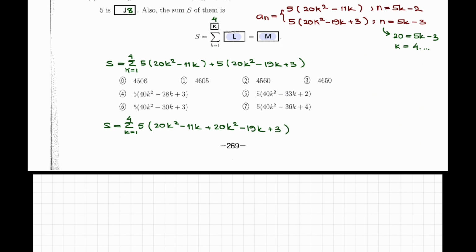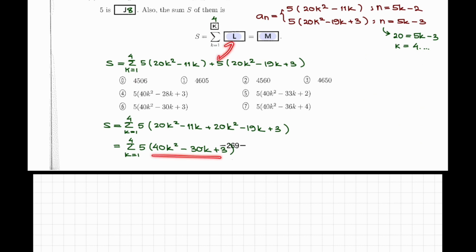So my final answer is the sum from k equals 1 until 4 of 5 times 40k square minus 30k plus 3. So this is the expression for letter L. So I think L is number 6.